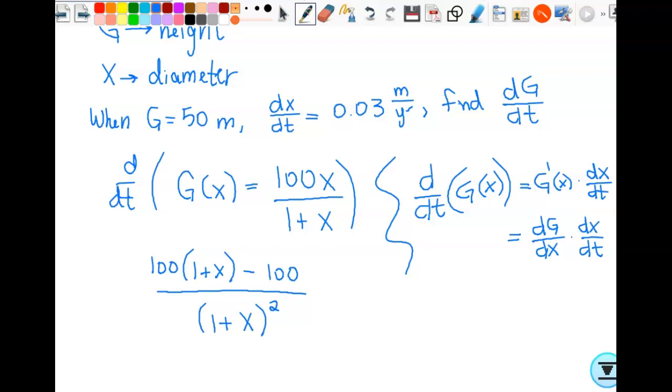We took a derivative of g with respect to x, but then we have to multiply that by dx/dt. And this would give us the derivative with respect to t of g of x: dg/dx times dx/dt.